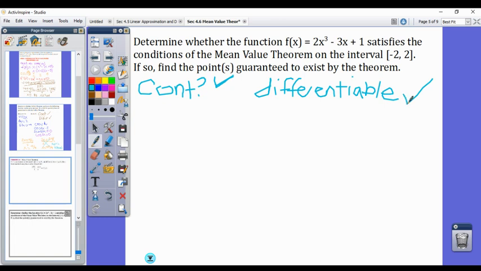Okay, so this time we are going to use our Rolle's theorem, our mean value theorem, to do this problem. So let me write it down first. And for some reason, I always forget the subtraction sign. I don't know why.